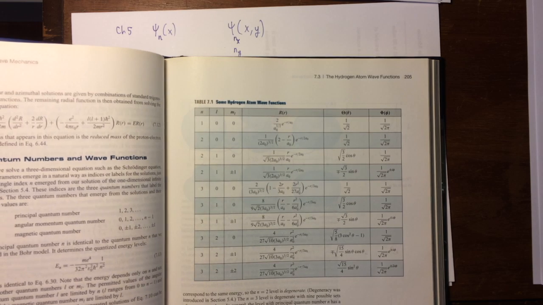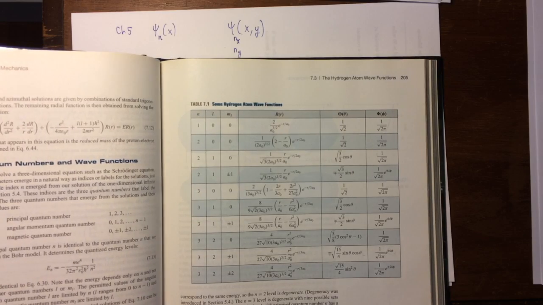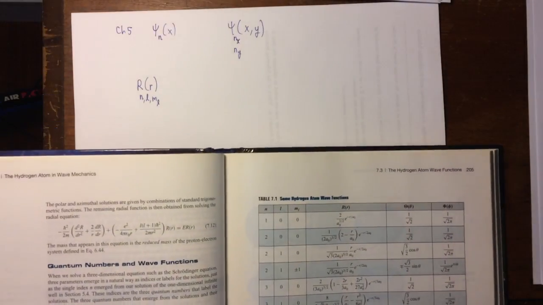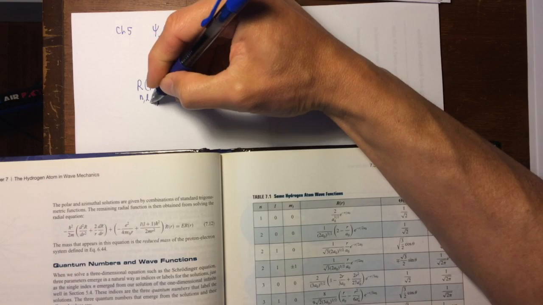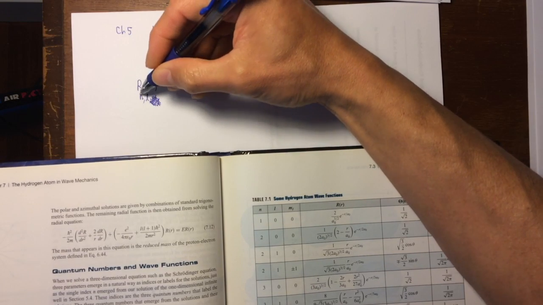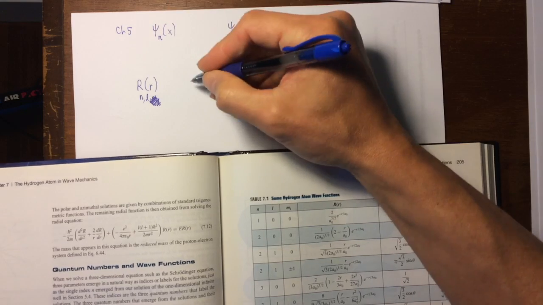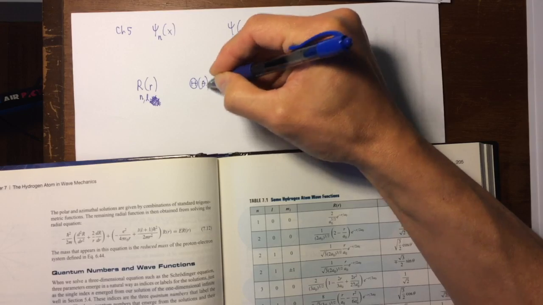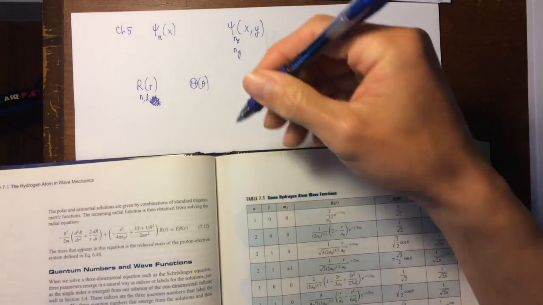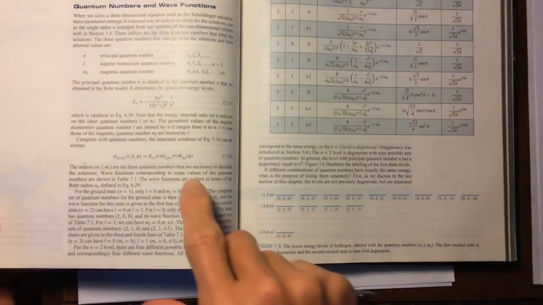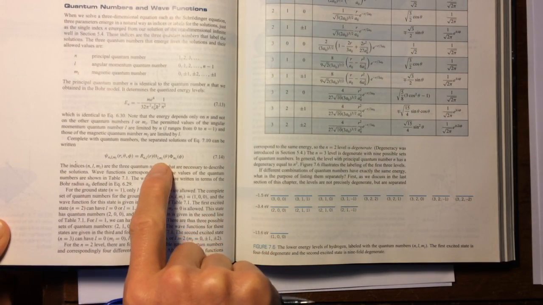So that is the way this goes. Let's see, I said something wrong. Instructively, this R function is only dependent on 2 of the quantum numbers. This capital theta function, the theta factor of the separable solution, you can see it here in equation 7.14.